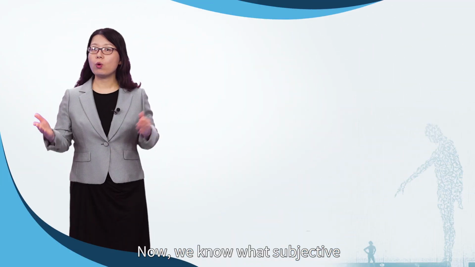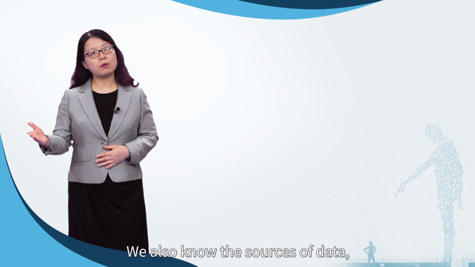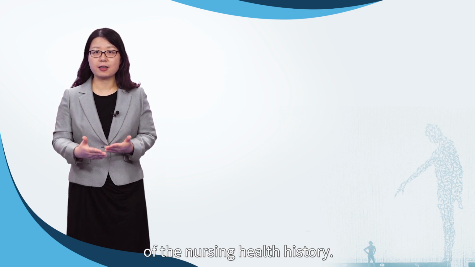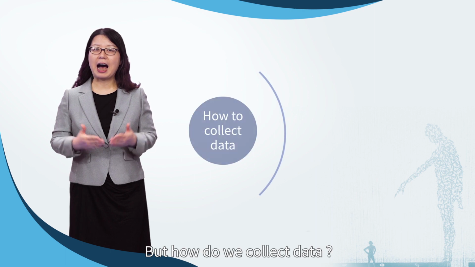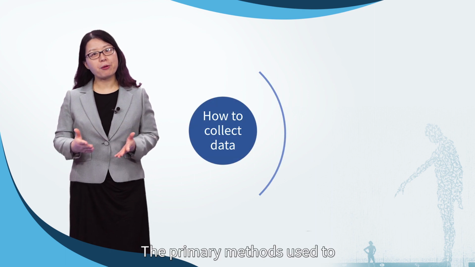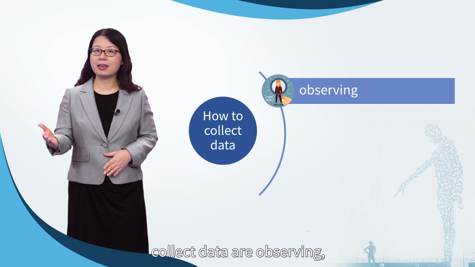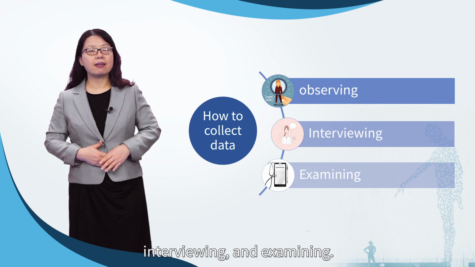Now we know what subjective data and objective data are. We also know the sources of data and the components of the nursing health history. But how do we collect the data? The primary method used to collect data are observing, interviewing, and examining.